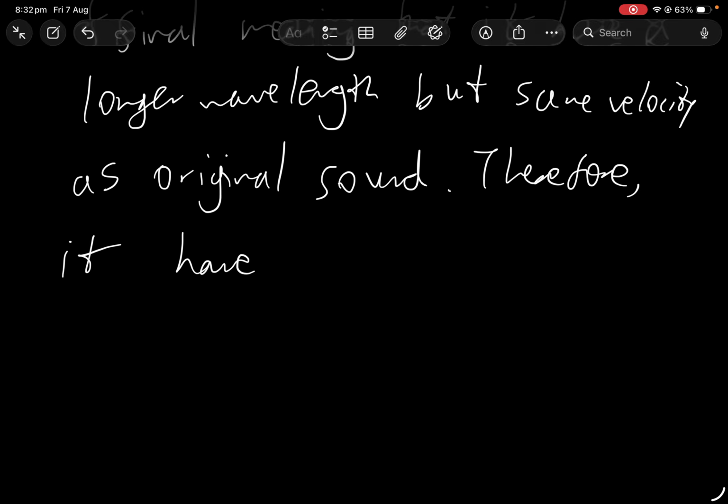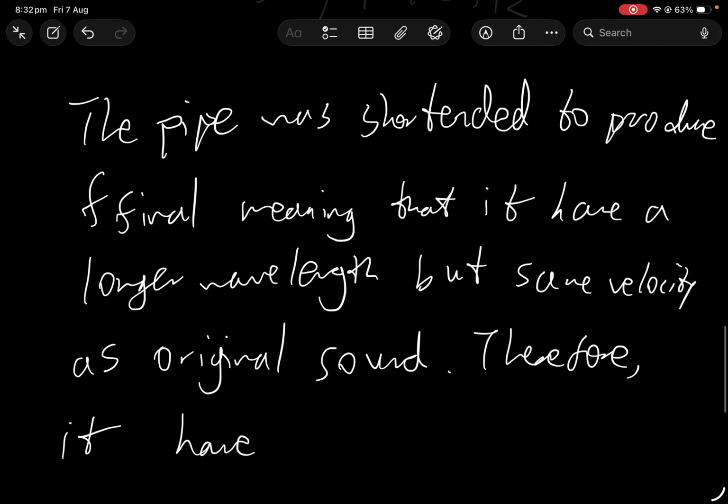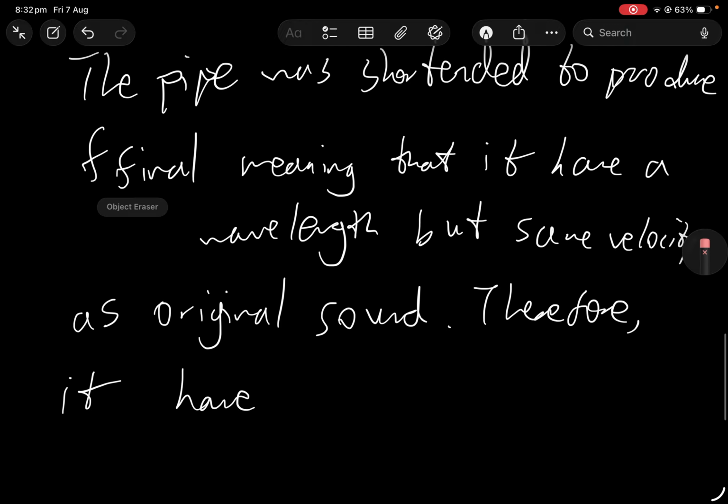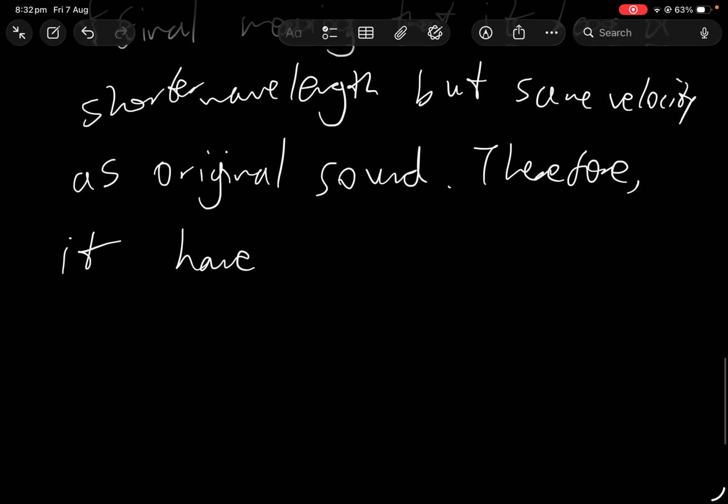So okay, it was shortened. So actually, it was shortened, so it should have a shorter wavelength, but the same velocity as the original sound.